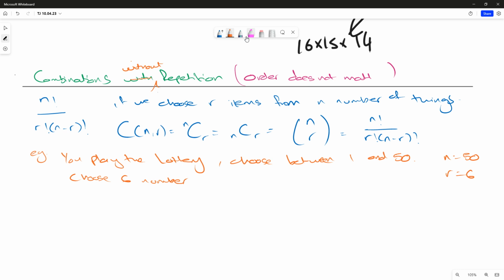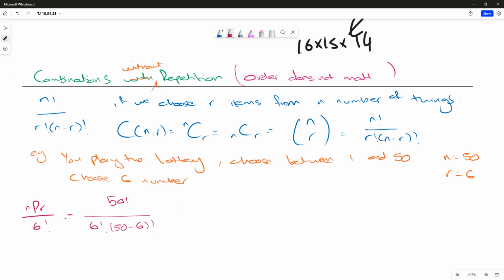So when you substitute it in, what you end up having is 50 factorial divided by 6 factorial multiplied by 50 minus 6 factorial. And you can see that over there is nPr, your permutation. So technically what you're doing is taking your permutation and dividing it further by 6 factorial.